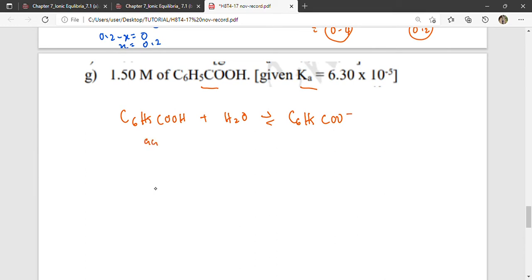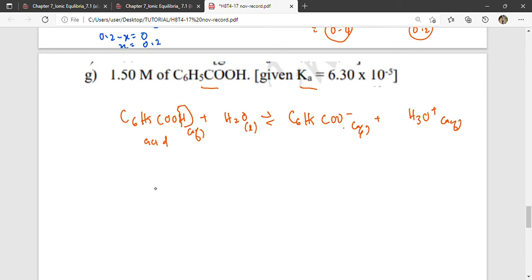So acid is the species that donates a proton, which means you separate H plus here and it becomes C6H5COO minus, and H plus is donated to H2O to form H3O plus, aqueous. So this one is aqueous, and this one is liquid.